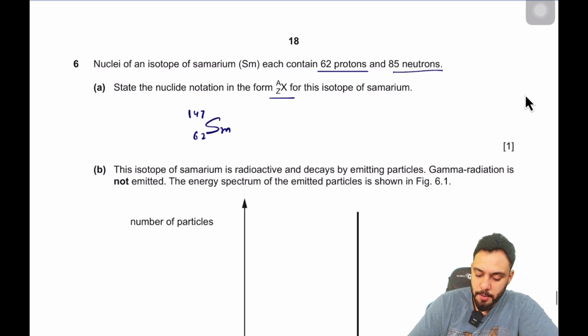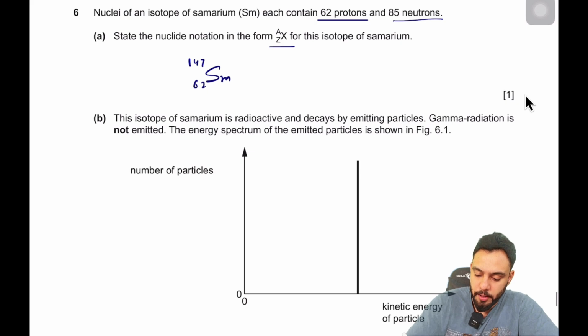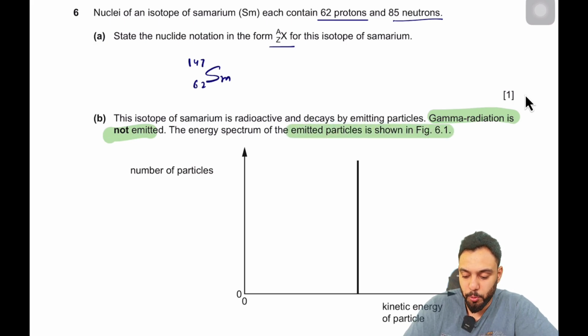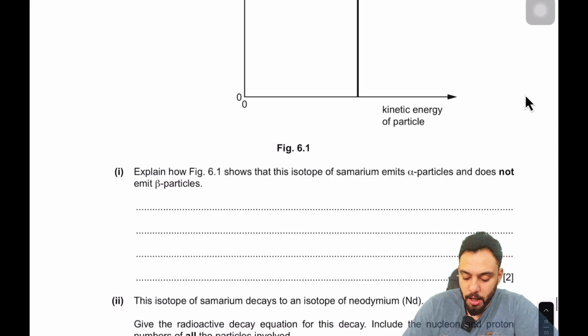That's the first part. The isotope of samarium is radioactive and decays by emitting particles. Gamma radiations is not emitted. The energy spectrum of the emitted particle is shown in figure 6.1. Explain how figure 6.1 shows that isotope of samarium emits alpha particle and does not emit beta particles.